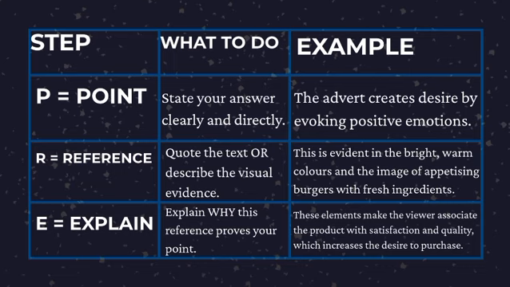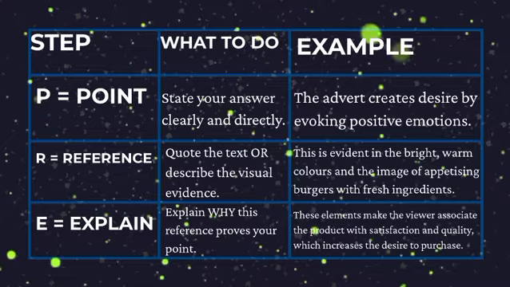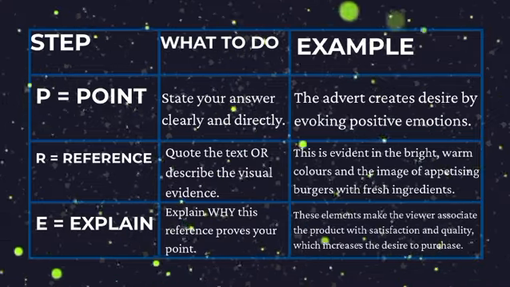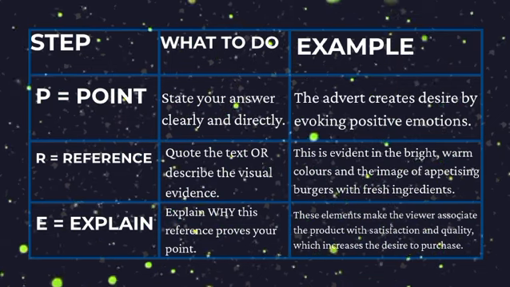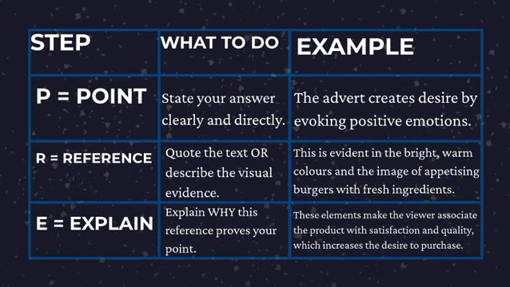This is evident in the bright, warm colors and image of appetizing burgers with fresh ingredients. That's your proof. E equals explain. Explain why this reference proves your point. These elements make the viewer associate the product with satisfaction and quality, which increases the desire to purchase. That's the impact. Take a screenshot. Seriously.